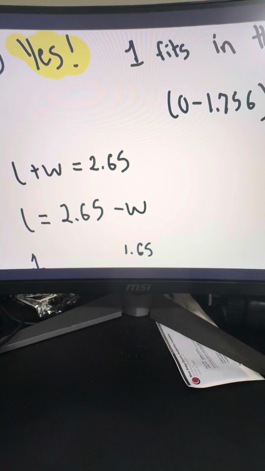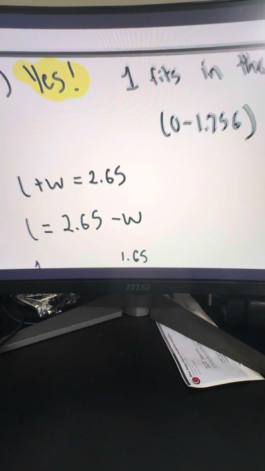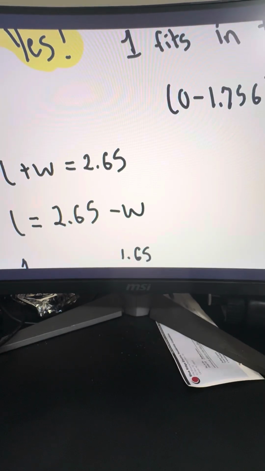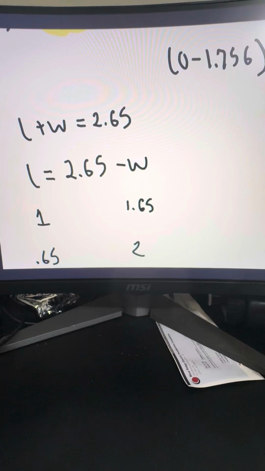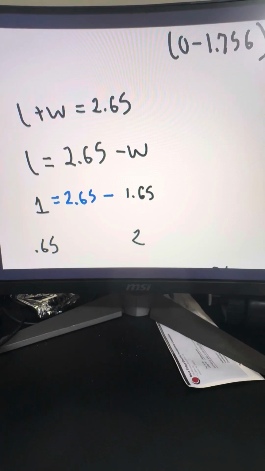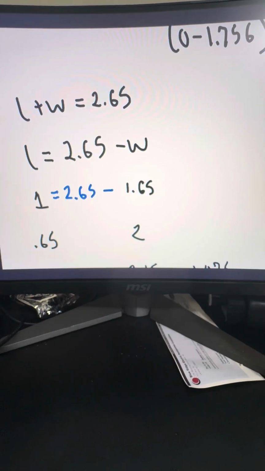Awesome. And now we can start plugging in numbers to make it a lot easier to find an example of an area of 1. So I started with something simple. 1 equals 2.65 minus 1.65, right? That is true. But 1 times 1.65 does not equal 1.